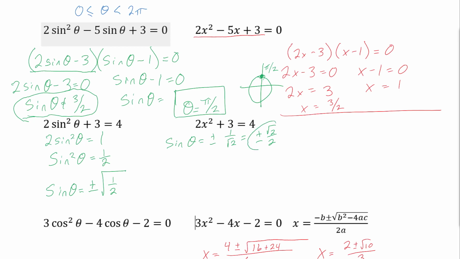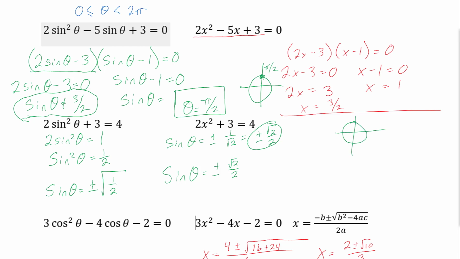The only reason I rewrite it this way is because that's a number that we recognize from our unit circle. So now, if sine theta is equal to either positive or negative square root of 2 over 2, let's look at our unit circle.